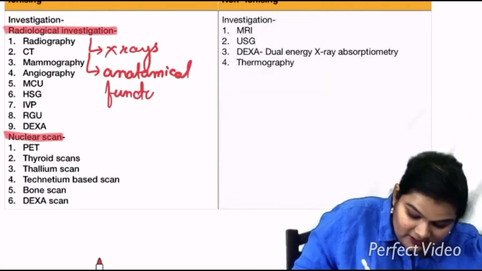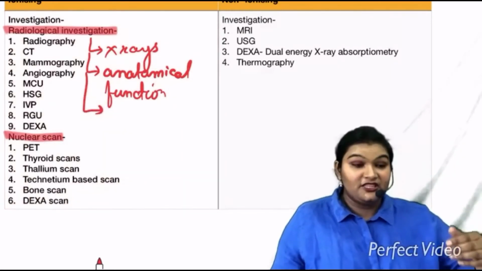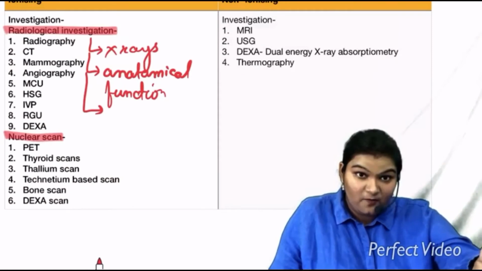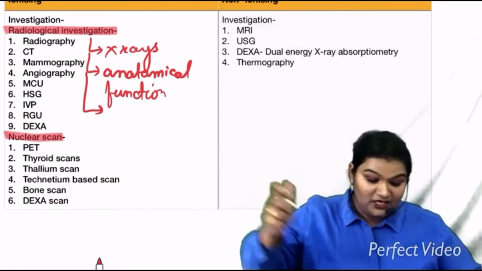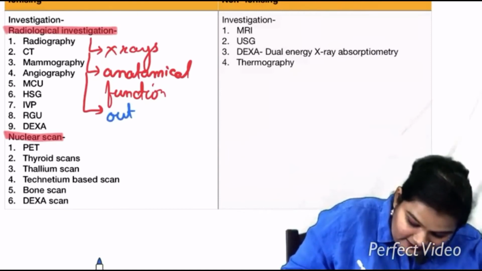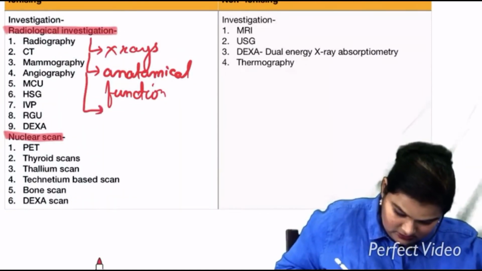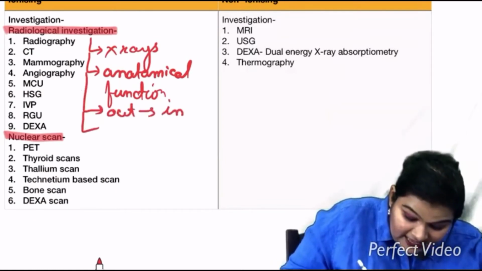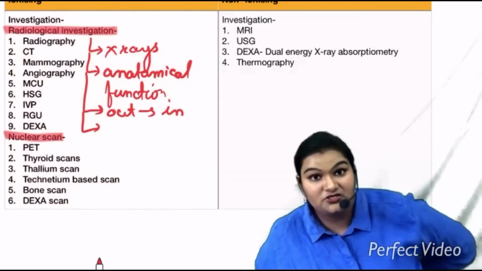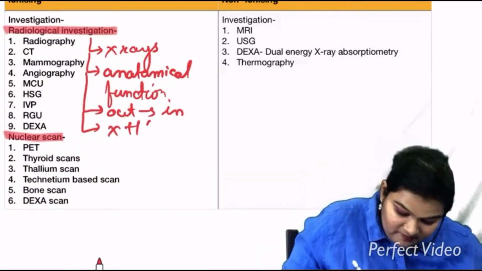Always in radiological investigation, the radiation comes from outside and goes inside the body, and then we obtain the images. So it is from outside to in. And this radiological investigation is only used for investigation purposes. It is not used for treatment purposes.